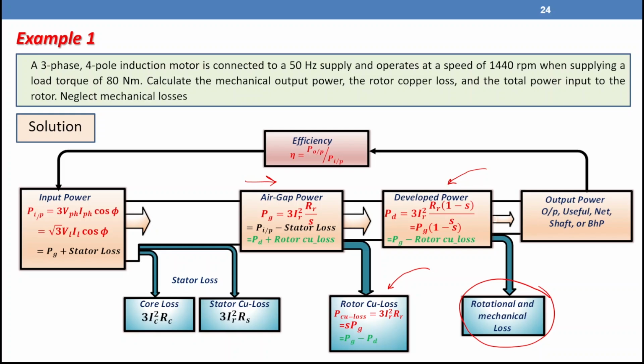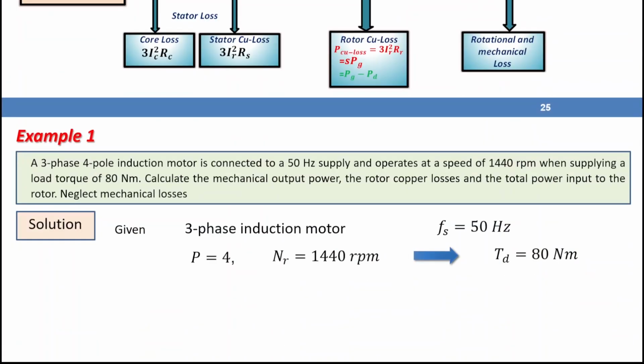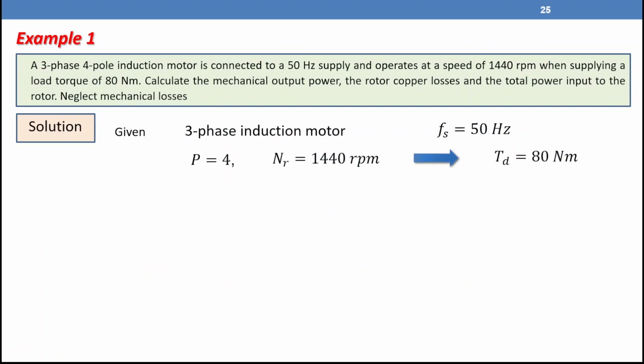So let's see what is given. Three-phase induction motor, supply frequency is 50 Hz, number of poles is 4, and rotor speed at this torque is 1440 RPM and 80 Nm. From the given, we can calculate the synchronous speed, where ns equals 120 fs over p, which equals 1500 RPM in this case.